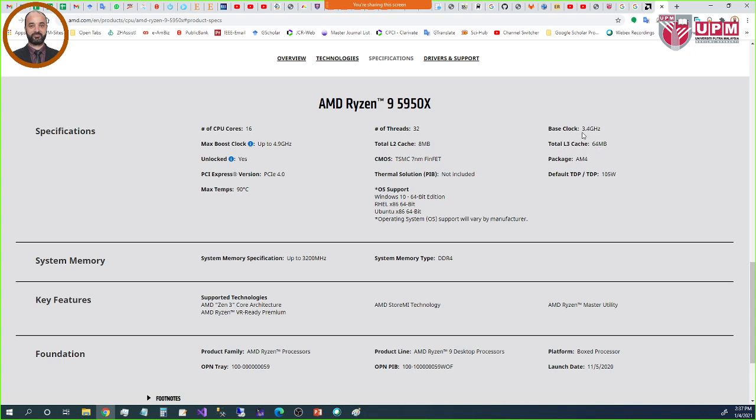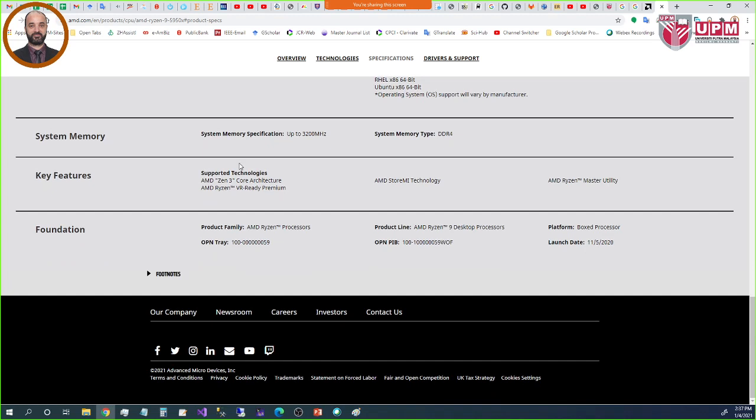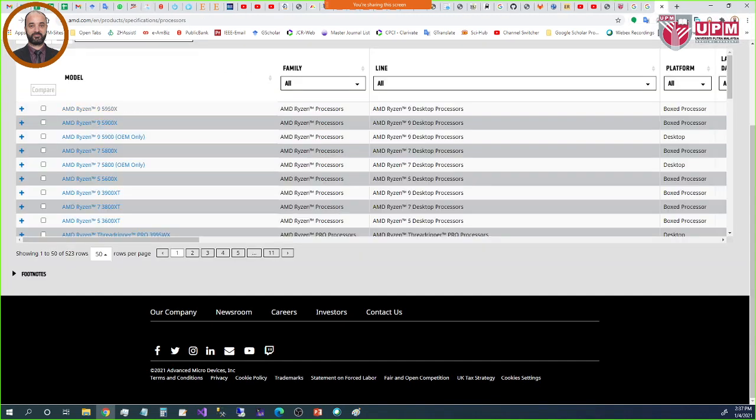The base frequency is 3.4. It's actually very fast. And this is the power. Actually, you have to consider this if you are interested in power consumption. Okay, you can go through and you can understand about this brand or this model of processor, and you can compare it with other processors.